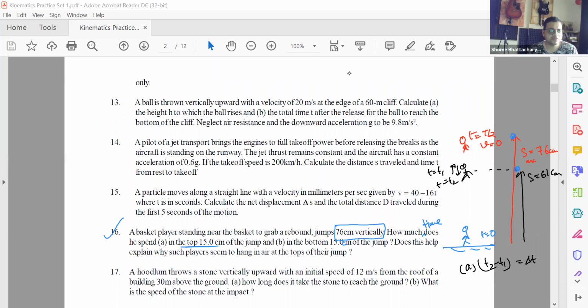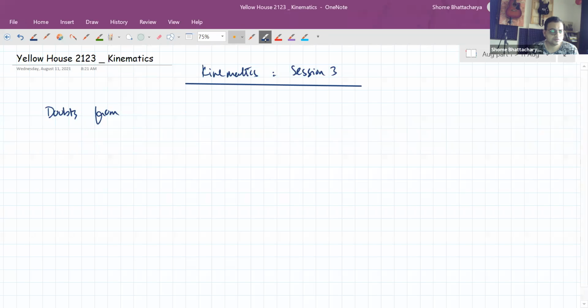Now, what is the easiest way of calculating this? Remember the symmetry aspect we had discussed about vertical motion. I'm just switching to my whiteboard.